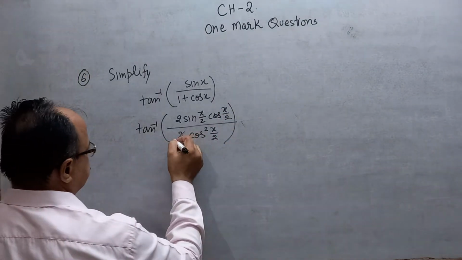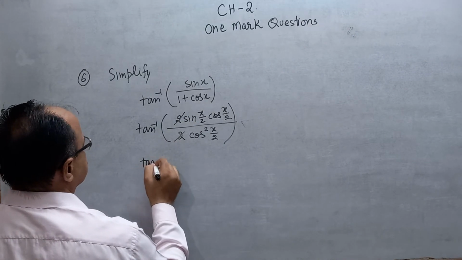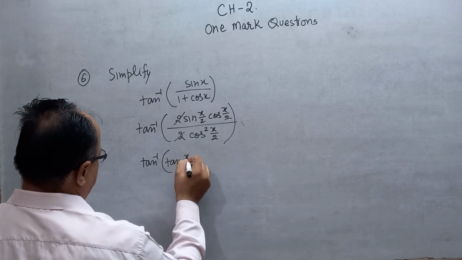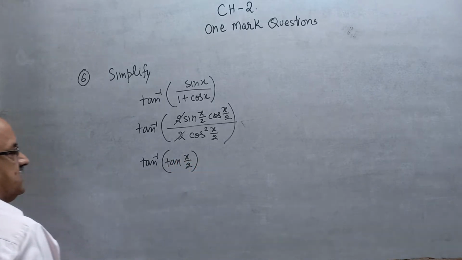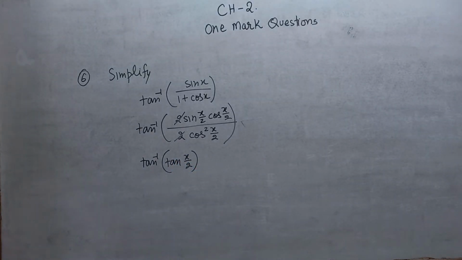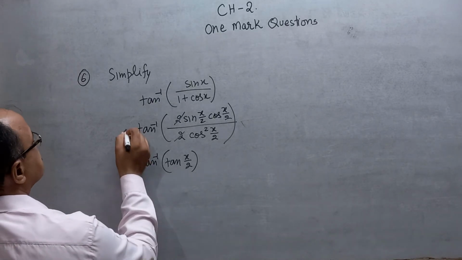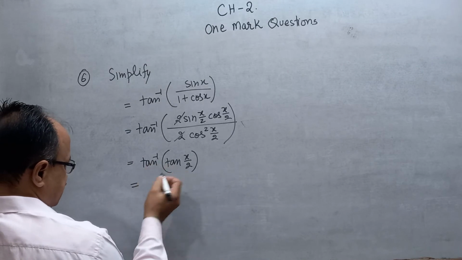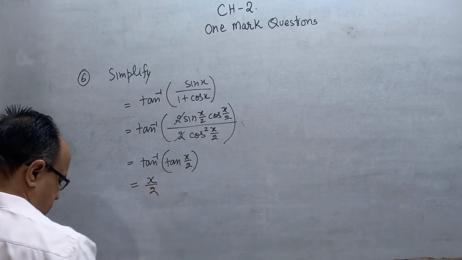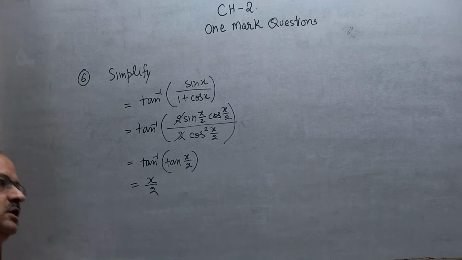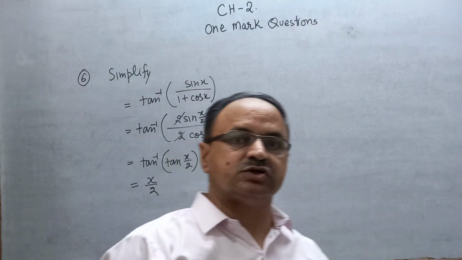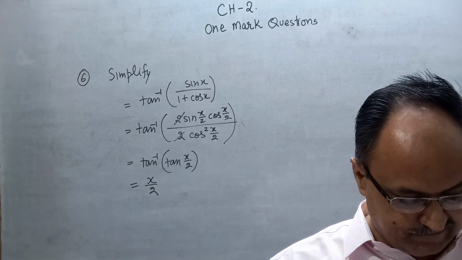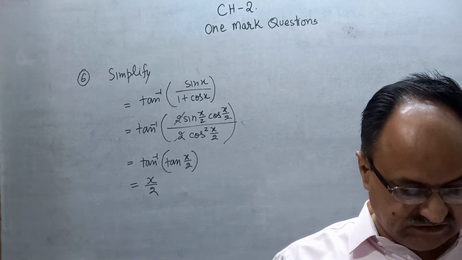When you simplify, sin by cos, that is tan x by 2. And this is the result, you know, tan inverse tan theta is theta, that is x by 2. This is the answer. Clear? This is the solution of this question. These are very important questions.